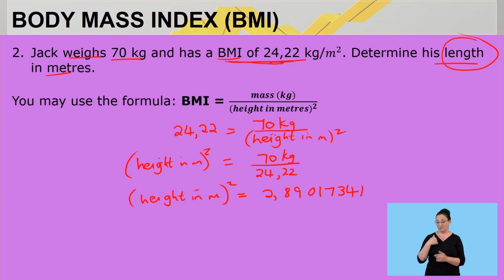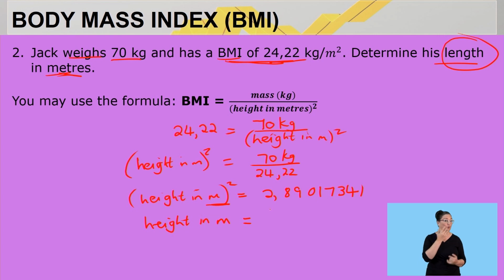So that will give me 2,89017341. Let's check that I copied correctly from my calculator. So it's 2,89017341. All right, so that's what I see now. Remember, I need my height or the length in meters, but for now there's still meters squared. So therefore, I will indicate then that the height in meters, can you see now, I didn't indicate the square there.